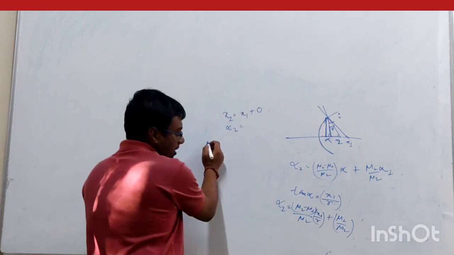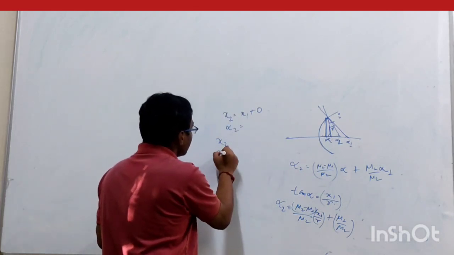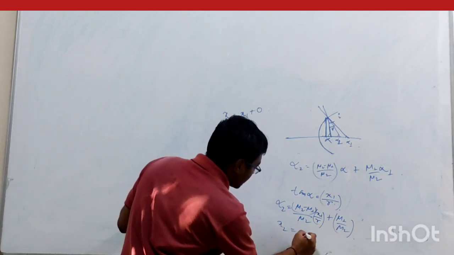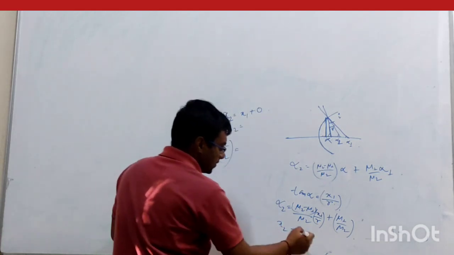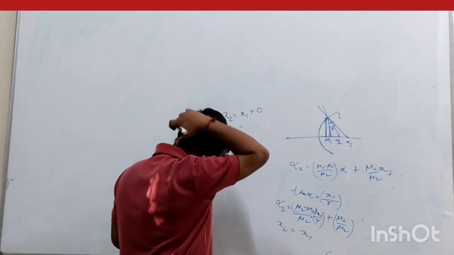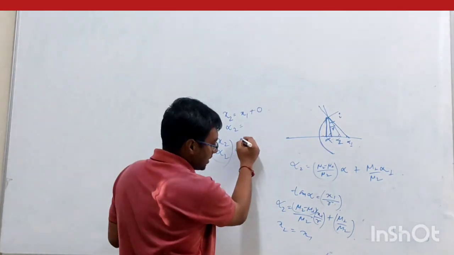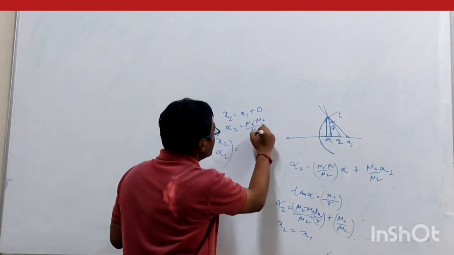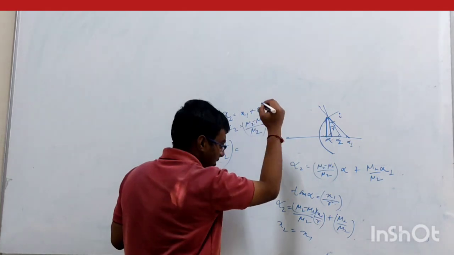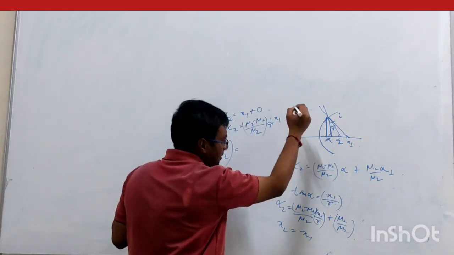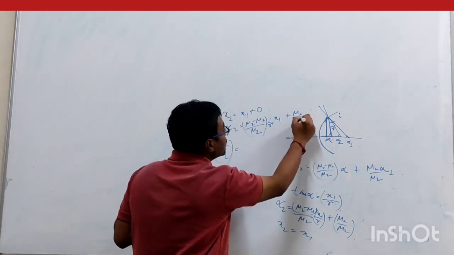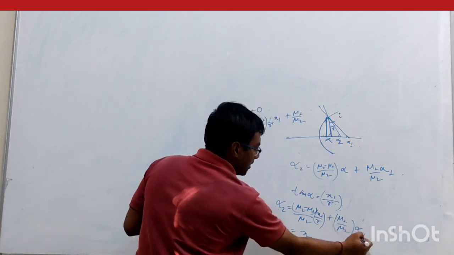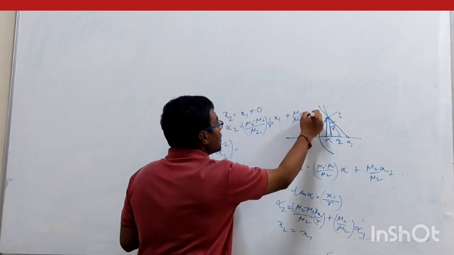Then we can construct the matrix x2 alpha 2 will be equal to, and we know that x2 equals x1, so we write mu2 minus mu1 by mu2 into 1 by r x1 plus mu1 by mu2 into alpha 1.